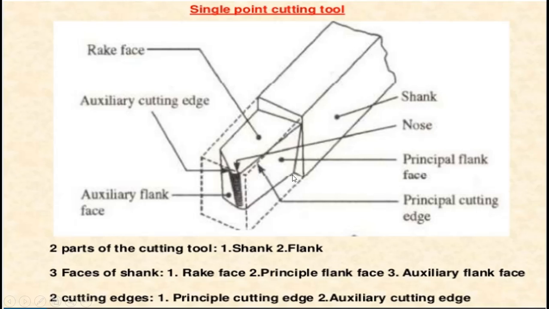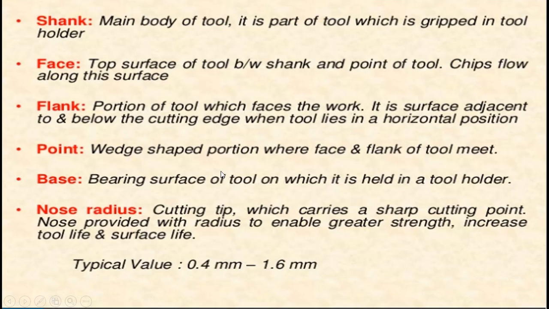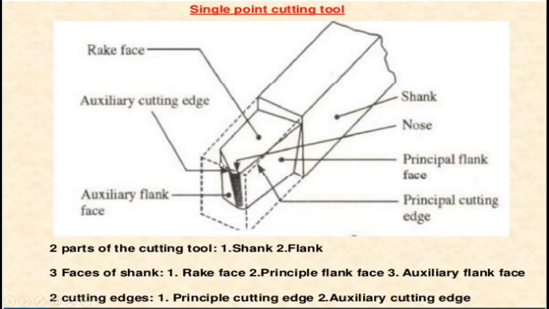Cutting edge is the edge on the face of the tool which removes material from the workpiece. The total cutting edge consists of the side cutting edge, end cutting edge, and base. The lower portion is the base, and these are all cutting edges. Generally, the principal cutting edge and the auxiliary cutting edge meet at a point.